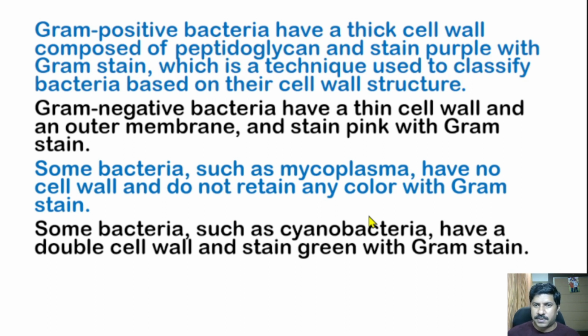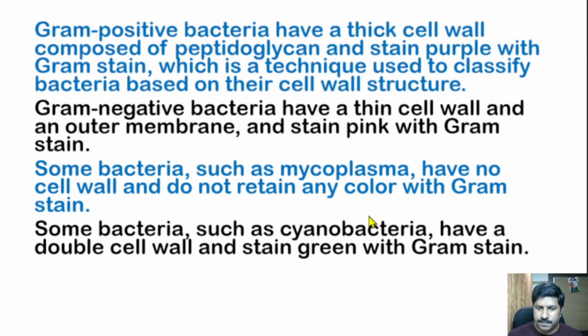Gram-positive bacteria retain the gram stain color, purple, and gram-negative bacteria do not retain the purple color and appear pink. But in the case of mycoplasma, they have no cell wall, so they will not retain any color. And some bacteria like cyanobacteria have two different cell walls, and will retain green color after the gram staining process.